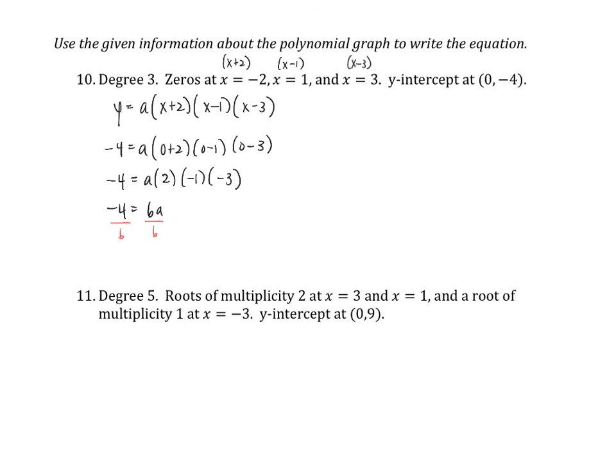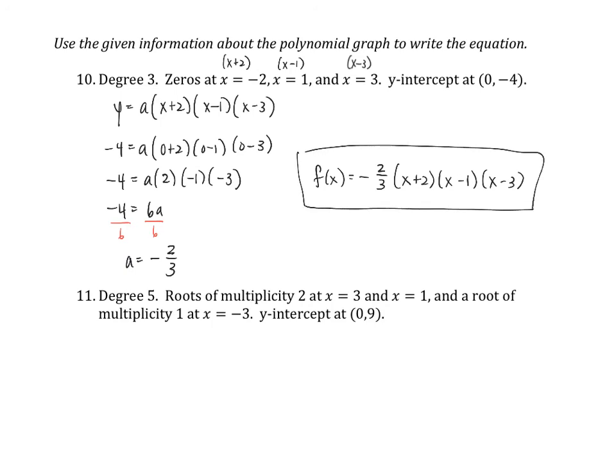Divide by 6. That's going to be a equals negative, when I reduce, I get 2/3. All right, so I'm going to have f of x equals negative 2/3 times x plus 2, x minus 1, and x minus 3. And again, to find the polynomial, you should multiply it all out and get your solution. Okay, get your polynomial.